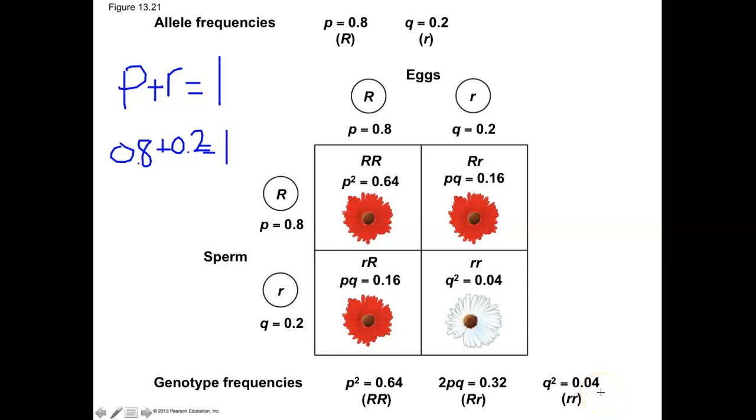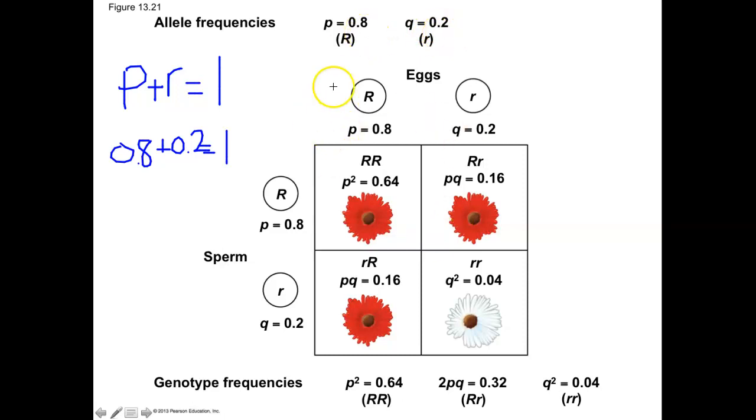So around 4% you can expect will have the little r genotype, 32% will have big R, little r, and then 64% will have big R, big R. And you would expect that because the allele frequency of the big R, the red, is way more than the white, 80.